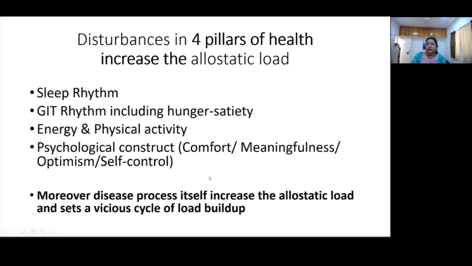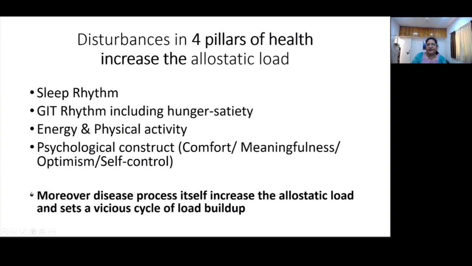Now, what actually leads to this buildup of allostatic load? It is basically the disturbances in the 4 pillars of health, which are also responsible for increasing the allostatic load.